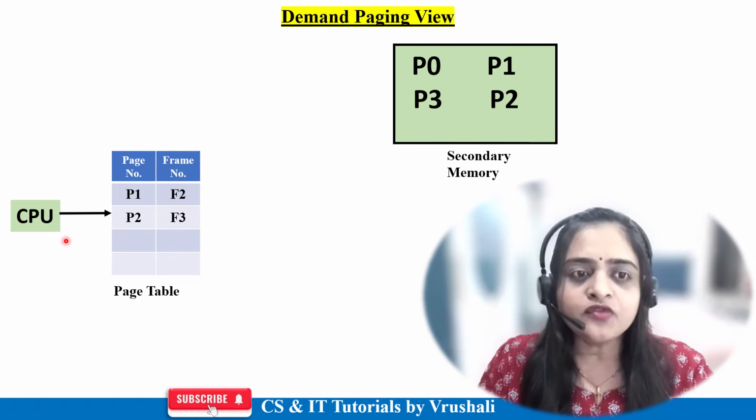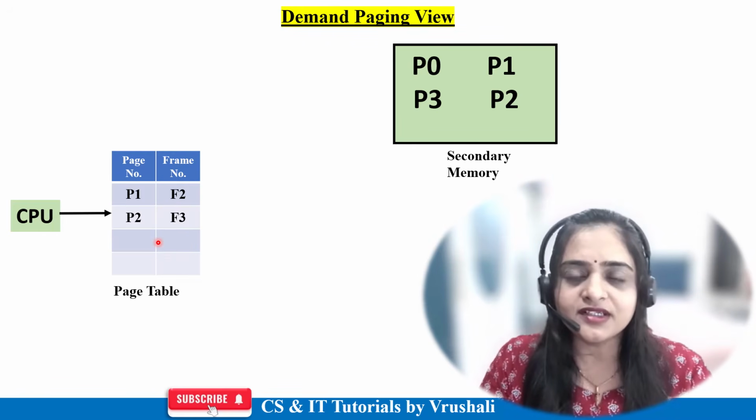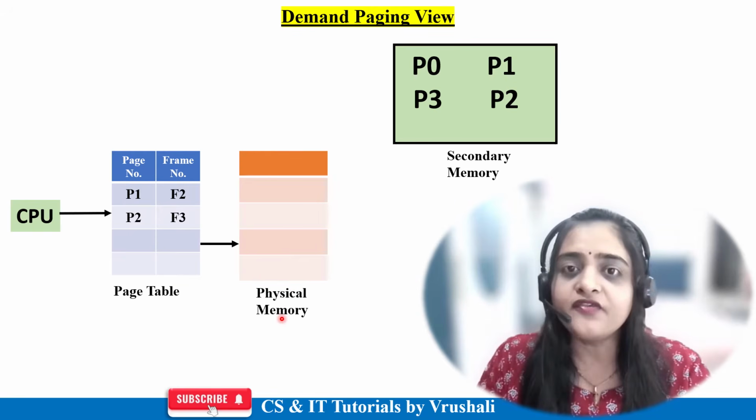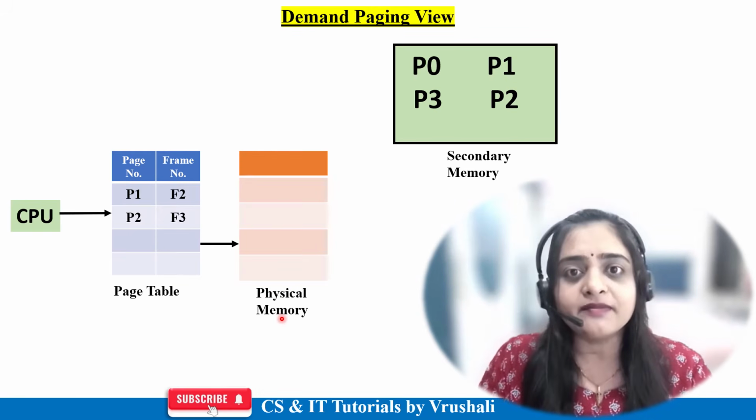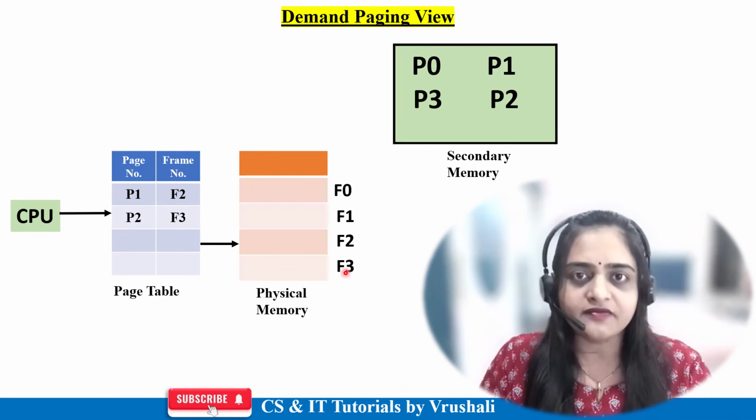Suppose the CPU wants to execute the P0 page, but the P0 page is not present in the page table. Why? See, this page table is connected with the physical memory, meaning the RAM in your system. And this physical memory is divided into multiple frames like F0, F1, F2 and F3.